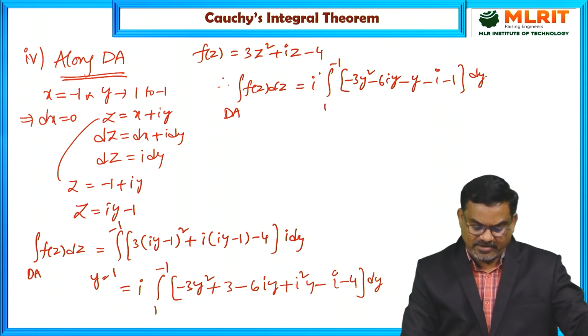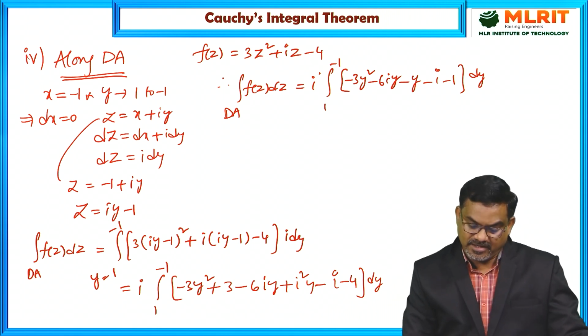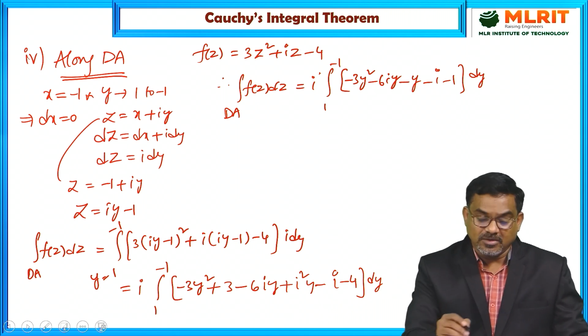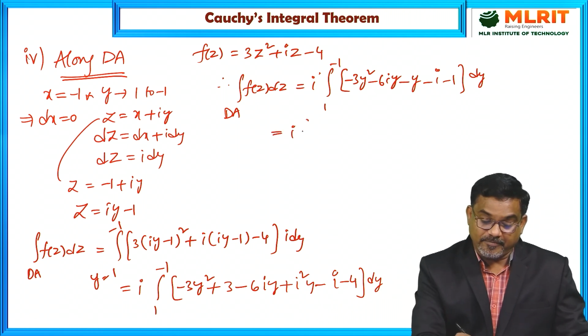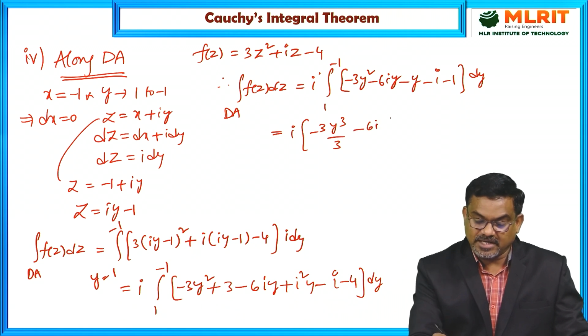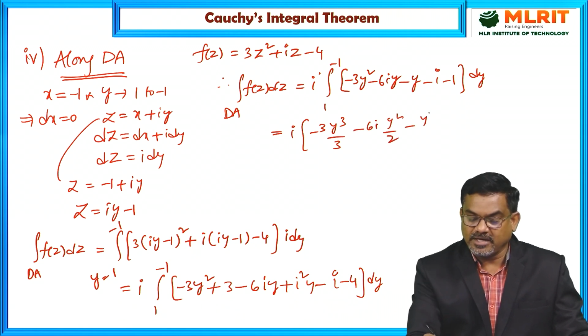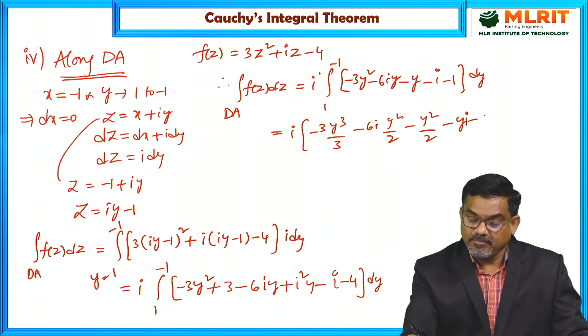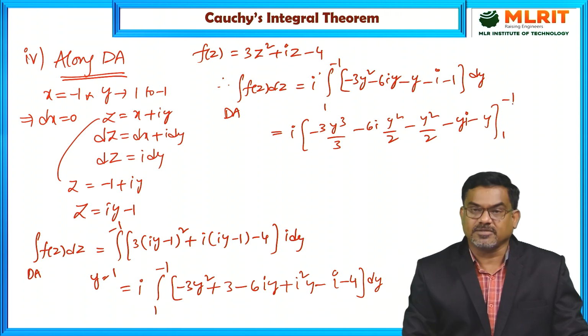So minus 3y square minus 6iy minus y minus i and then minus 1. Now integrating with respect to y. So this is minus 3y cube by 3 minus 6i into y square by 2 minus y square by 2 minus y into i minus y from 1 to minus 1.